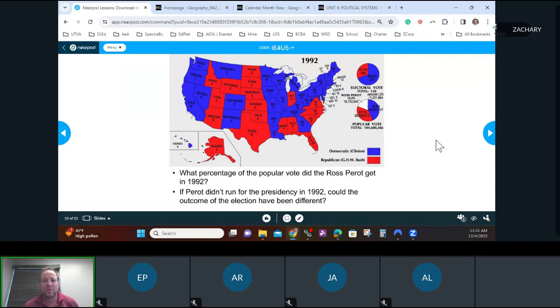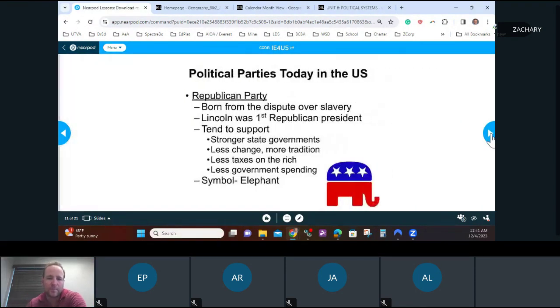But in that election, Ross Perot took enough of the votes to actually switch the point percentage of the different states over to Bill Clinton, making Clinton win that election. If he had not run, President H.W. Bush would have probably been president for a second term, but he was only a one-term president.